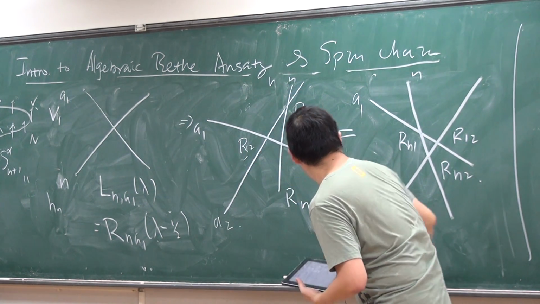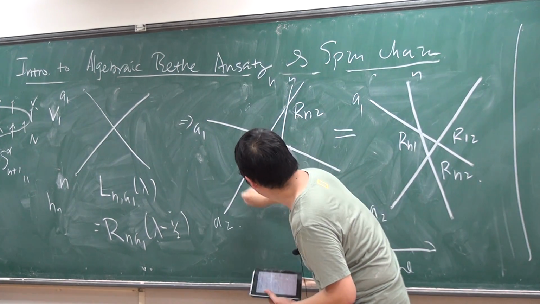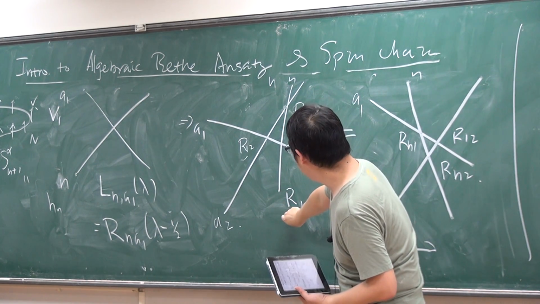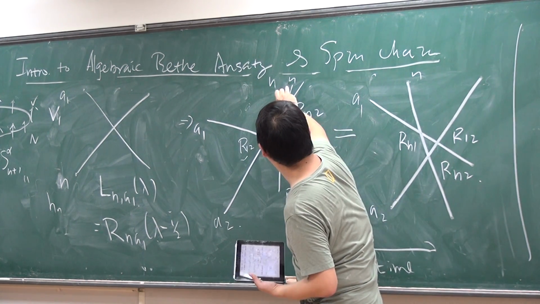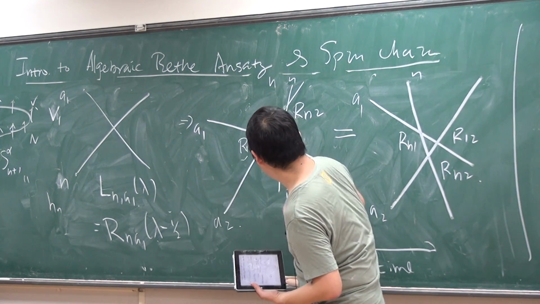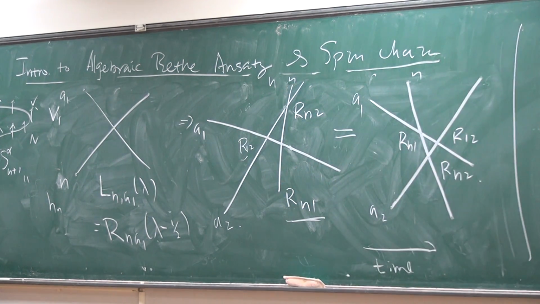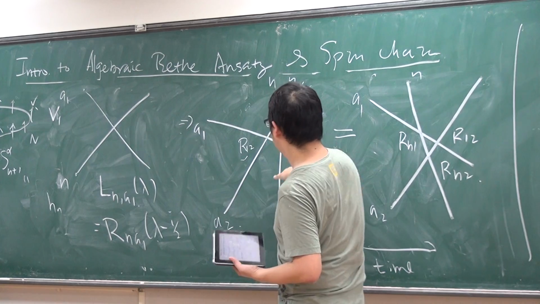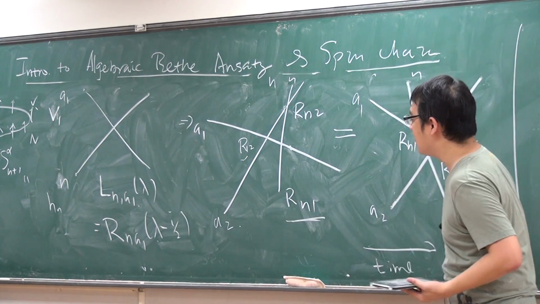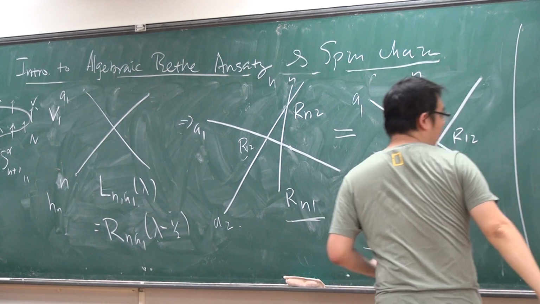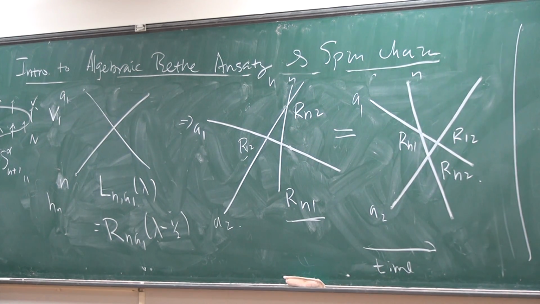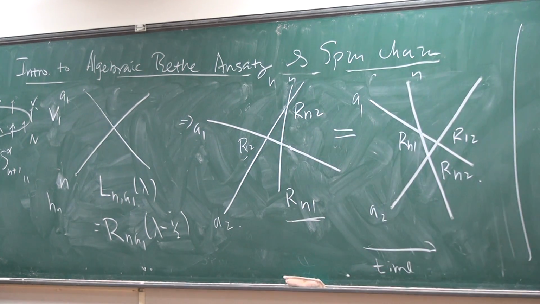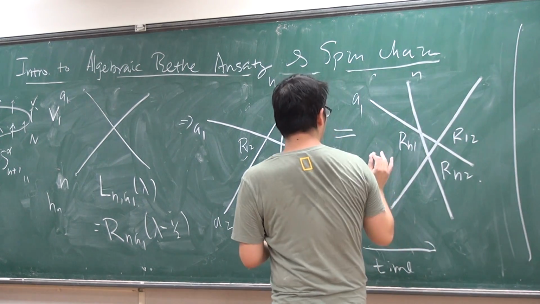So as time goes, as you read from left to right along the time evolution, you interact again between the state n and the state A1 via this R matrix R_n1, and then finally the state n talks to the states in the vector space V2 via this R matrix R_n2.